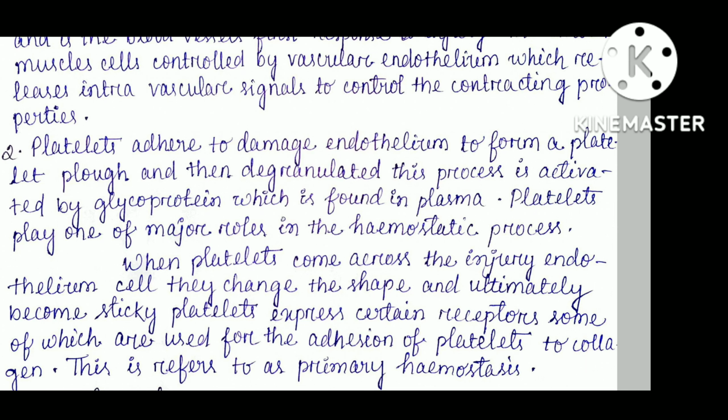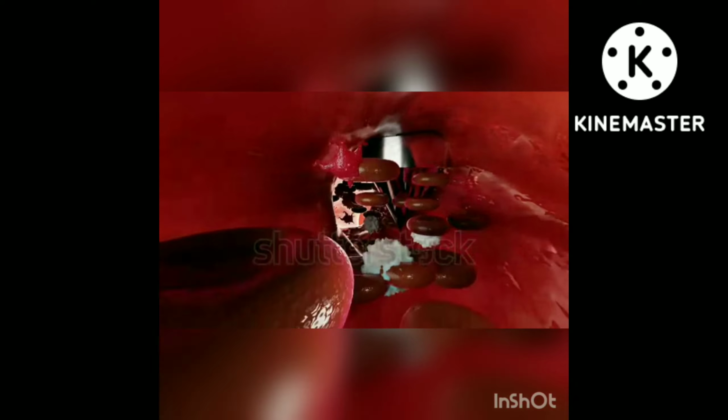When platelets come across the injured endothelium cell, they change shape and become sticky, expressing certain receptors, some of which are used for adhesion. So, adhesion of platelets to collagen. This is a process towards primary hemostasis.